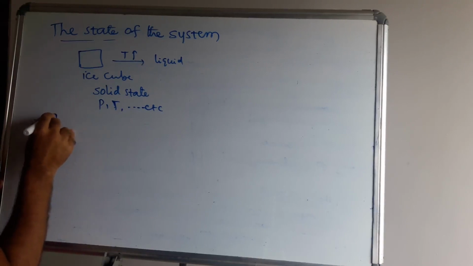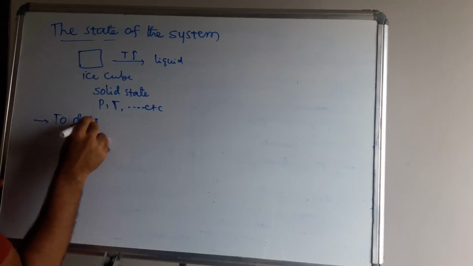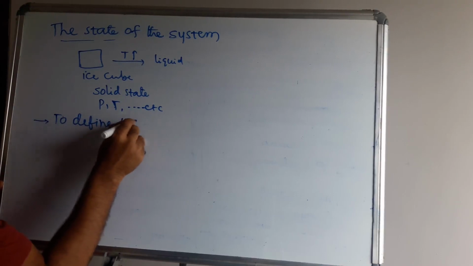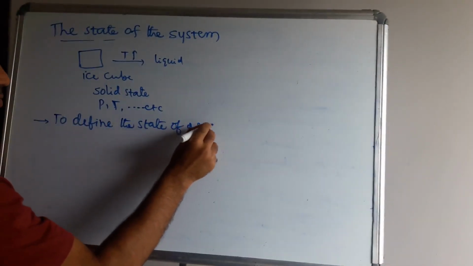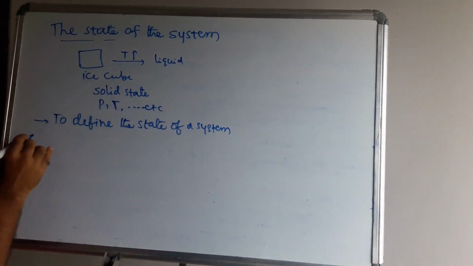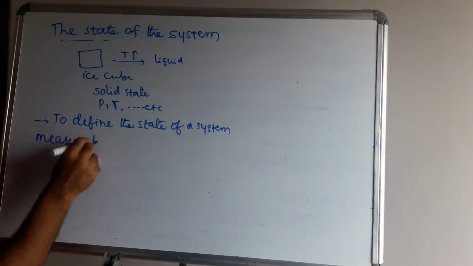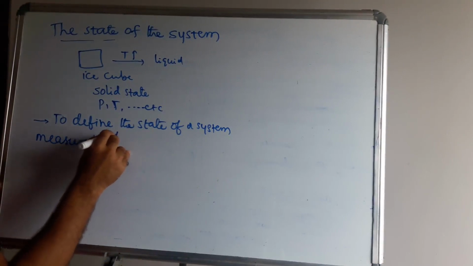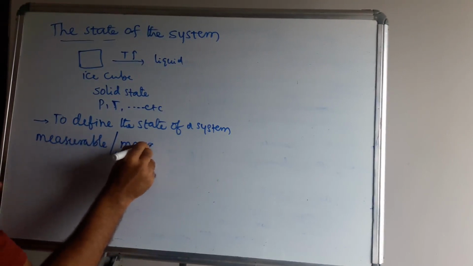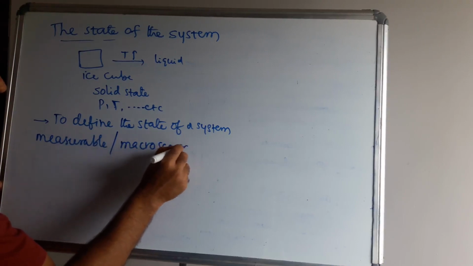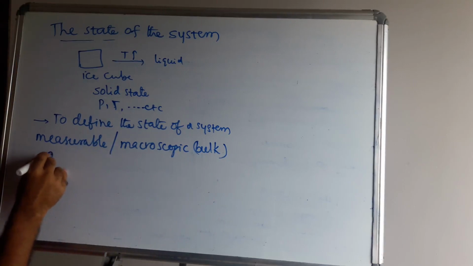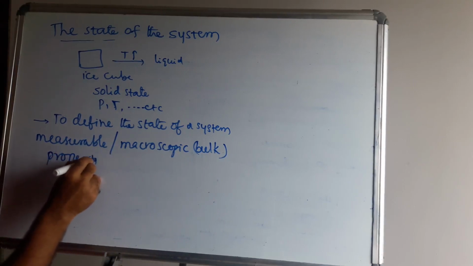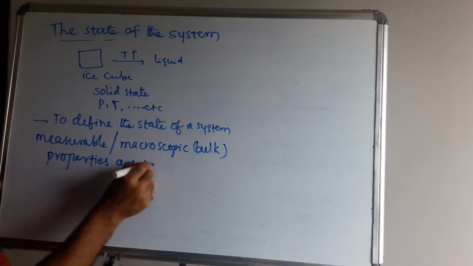So to define the state of a system, what is required here? Measurable or macroscopic properties, also known as bulk properties, are required.